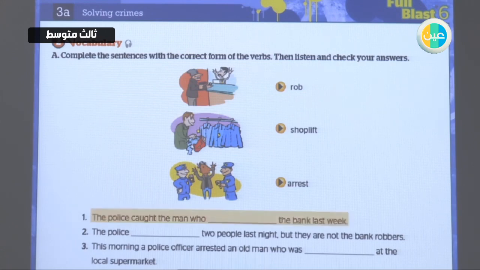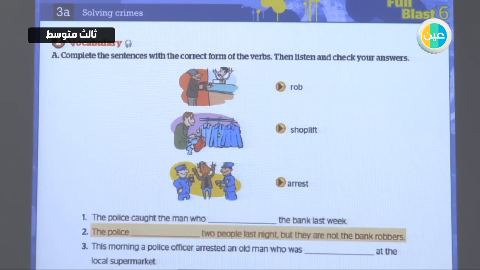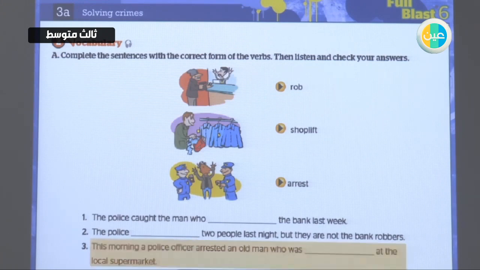The police caught the man who robbed the bank last week. 2. The police arrested 2 people last night, but they are not the bank robbers. 3. This morning, a police officer arrested an old man who was shoplifting at the local supermarket.